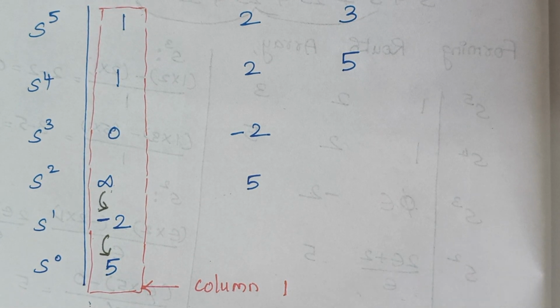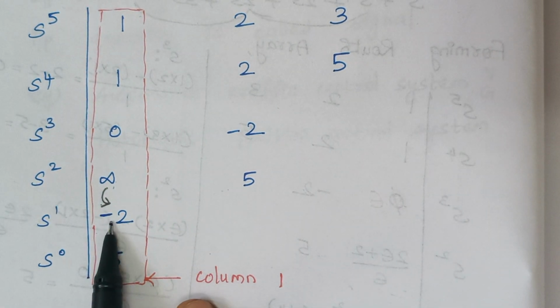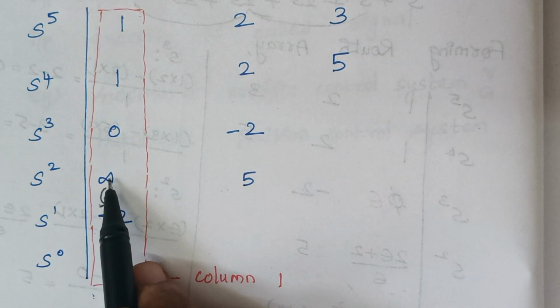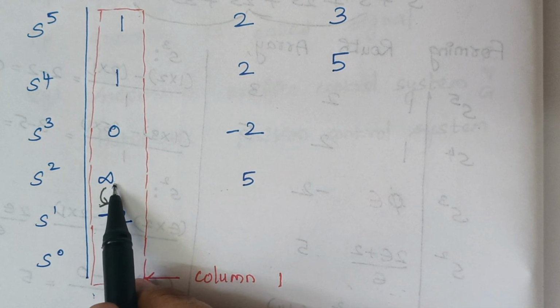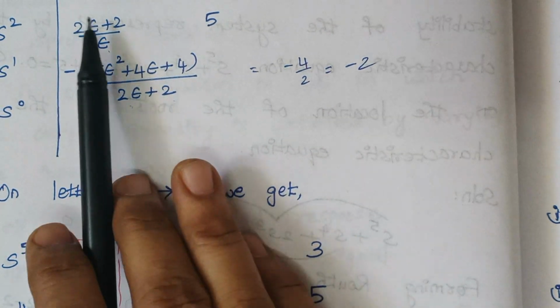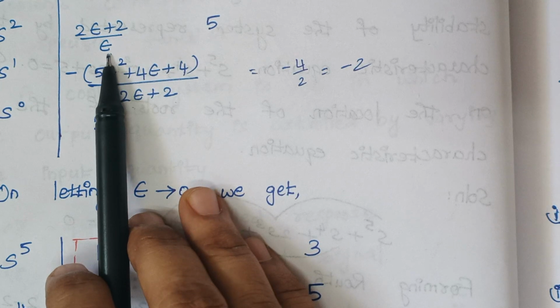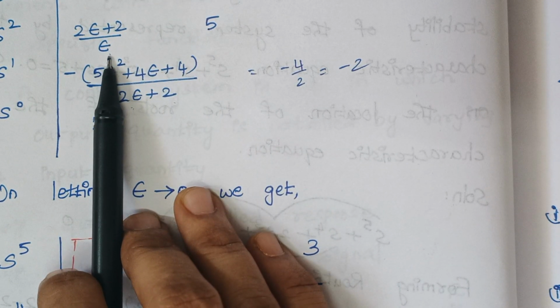Right, so here when you look carefully, you see there is a sign change here. Right, so you can ask, what about infinity? This is the expression. From this expression you see 2 epsilon plus 2 by epsilon. So anything divided by epsilon is defined as infinity, right?